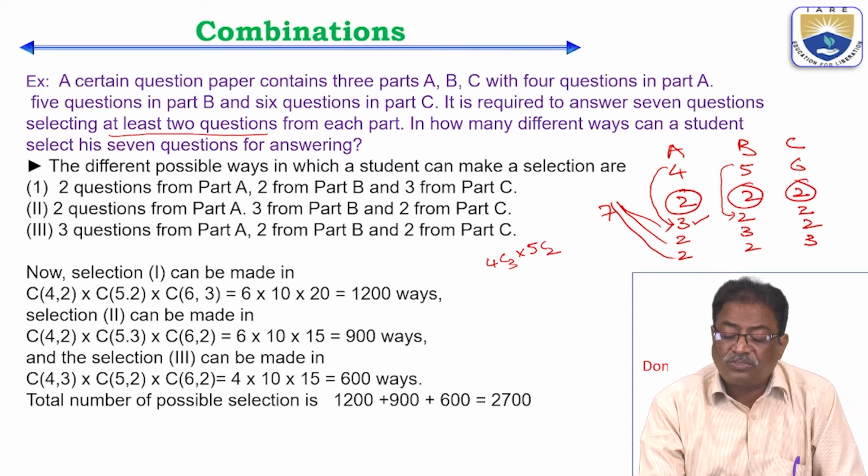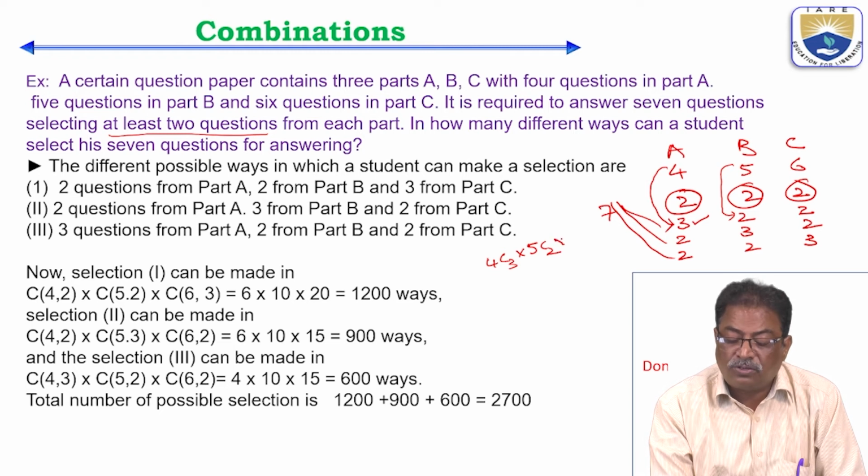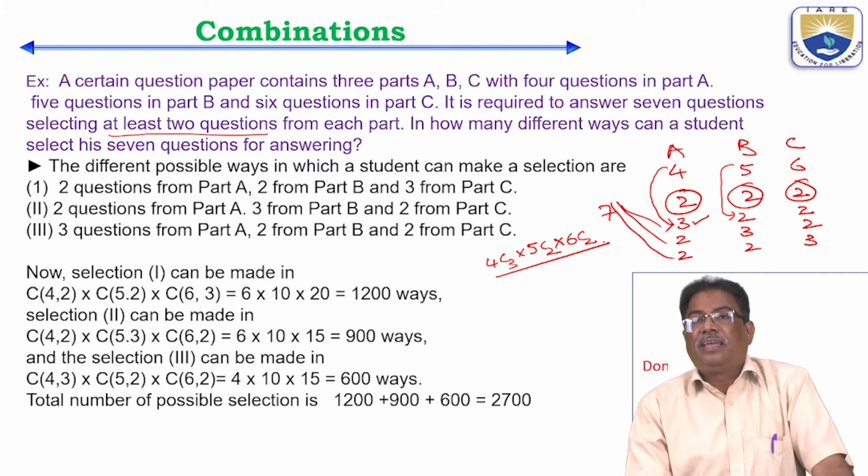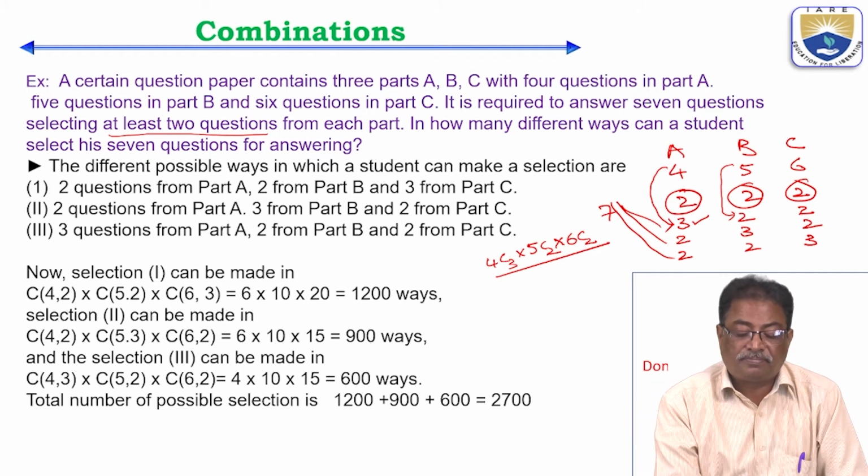After that, he has to select 2 questions from part C. So 6 questions are there in total. So these many ways he can select the first choice.